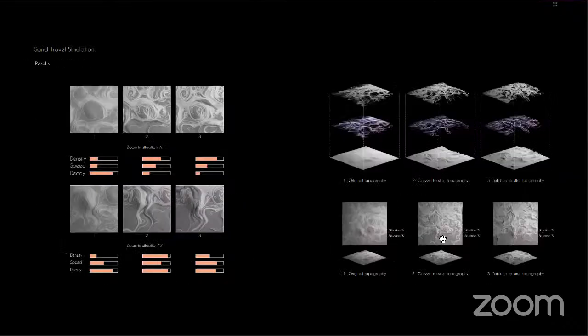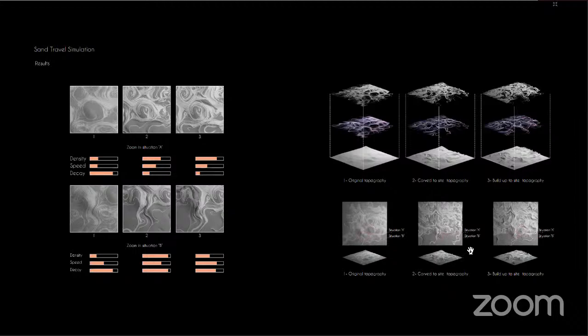Then I analyzed the results. I found that mainly the sand pattern, or sand travel diagram, goes in exactly the same ways, but what changes is the density, the speed and the decay in each situation.